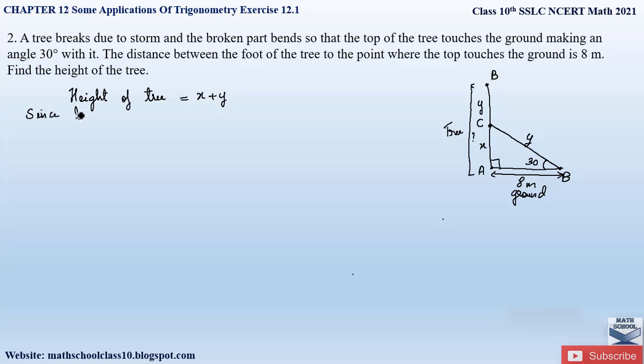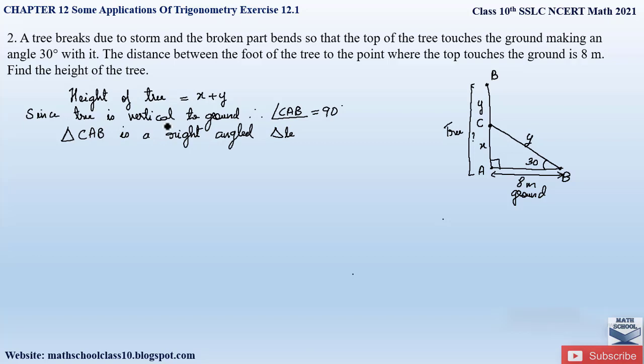Since the tree is vertical to the ground, therefore angle CAB is equal to 90 degree angle and hence triangle CAB is a right angle triangle. Right, so here in this right angle triangle we can observe that angle B is the acute angle.